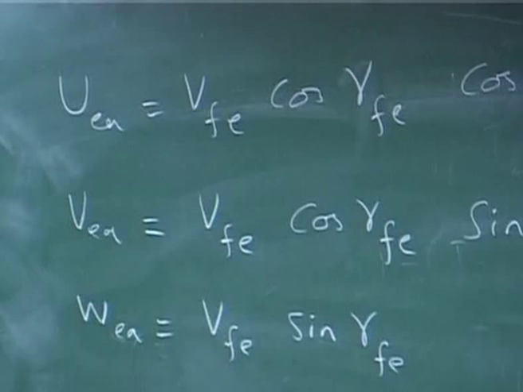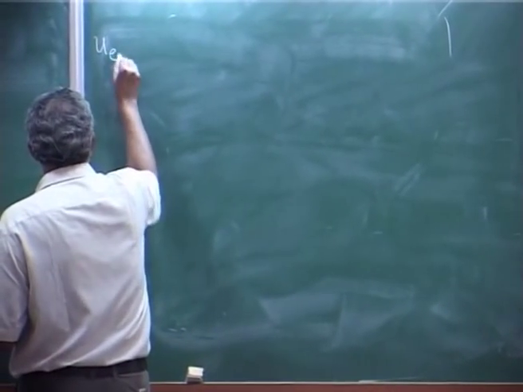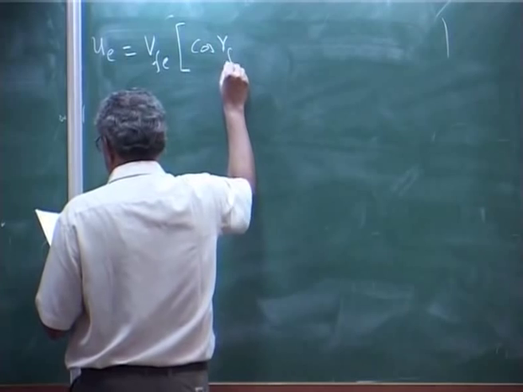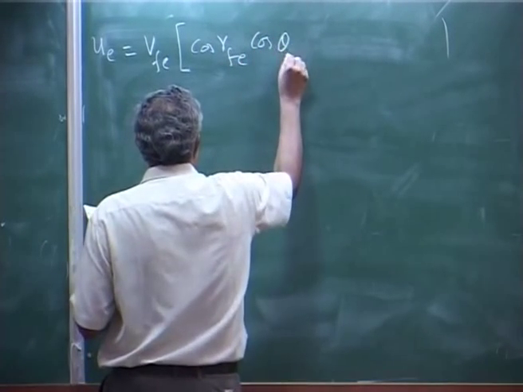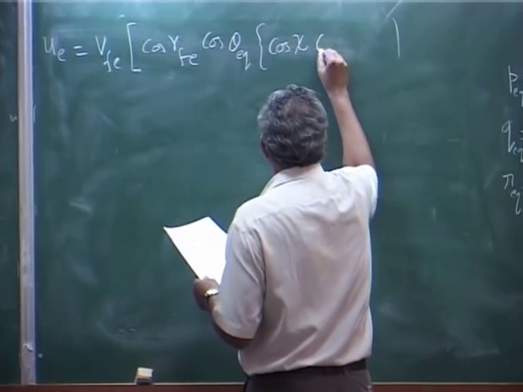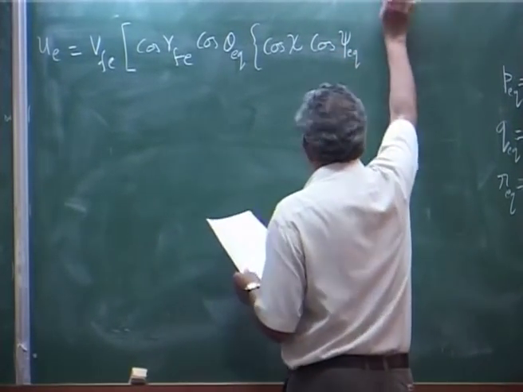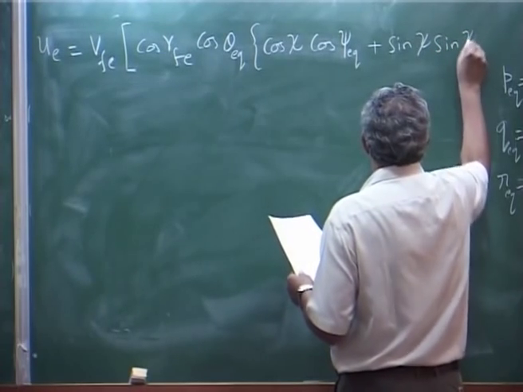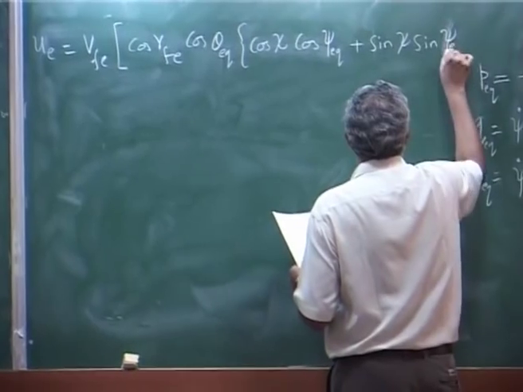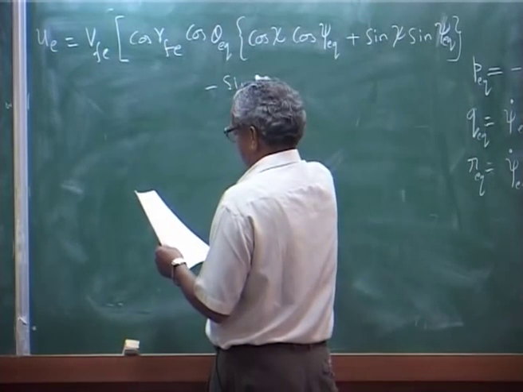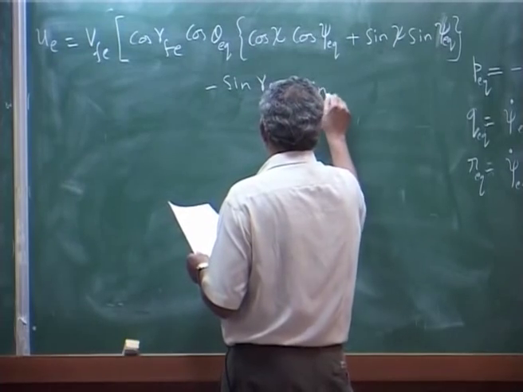When you do that, you will get, now I will write it for one quantity, UE is VFE cosine gamma FE cosine theta equilibrium, cosine chi cosine psi equilibrium plus sin chi sin psi equilibrium, minus sin gamma FE sin theta equilibrium.